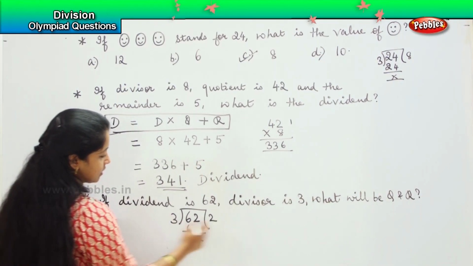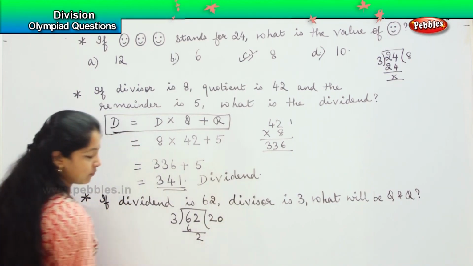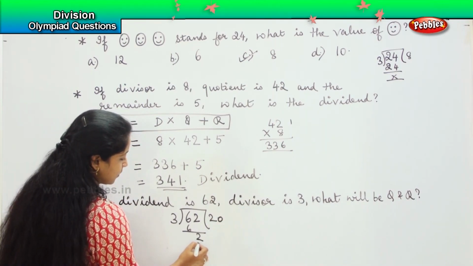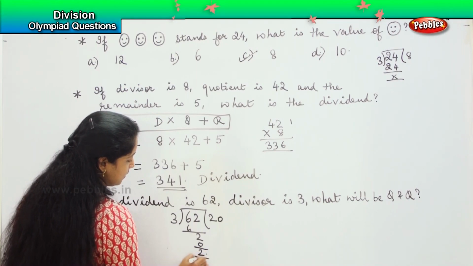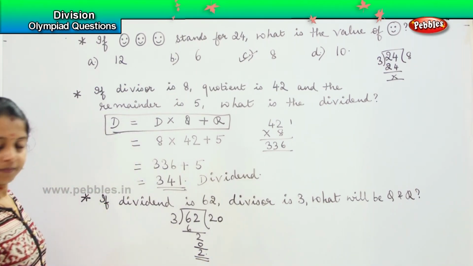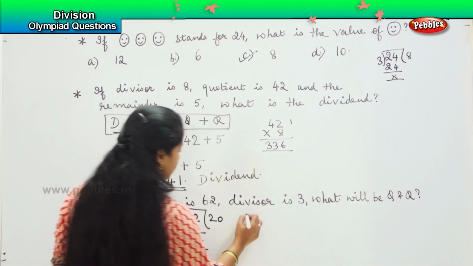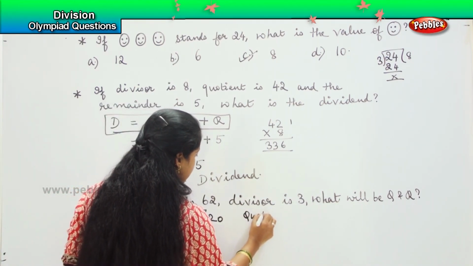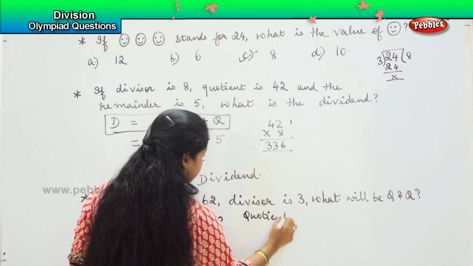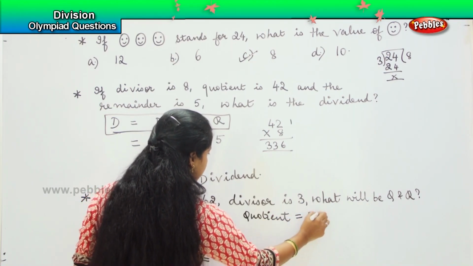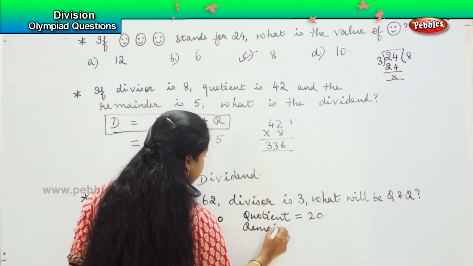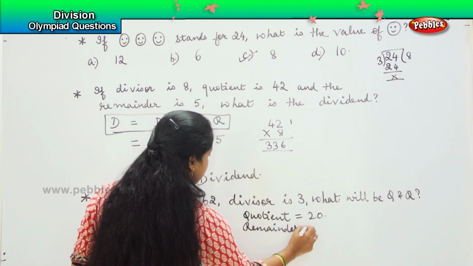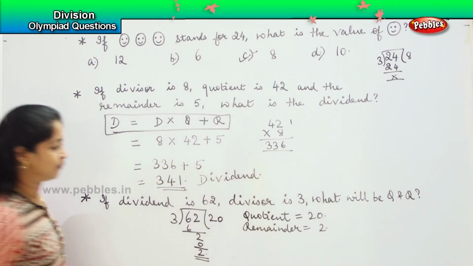Is it possible for us? How many times will it go? It will not go, right? So this will remain as my remainder. So my quotient is 20 and my remainder is 2.